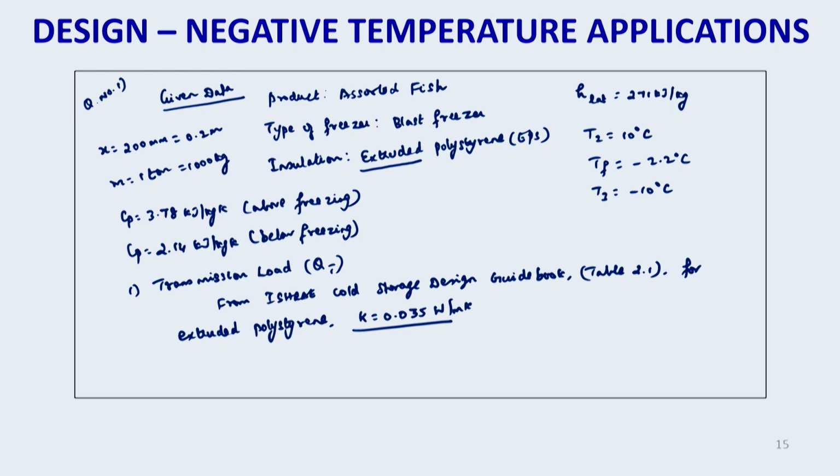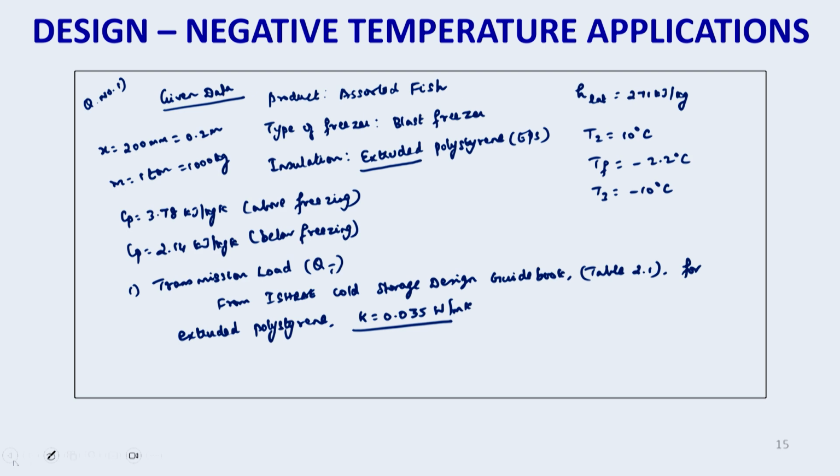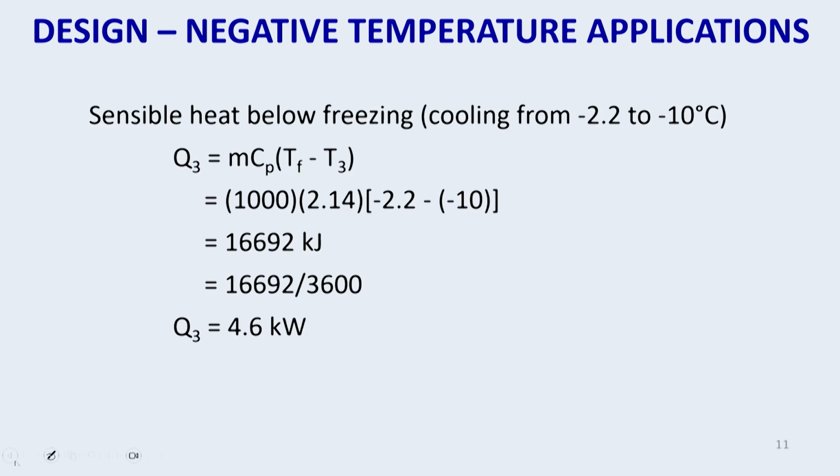Now we can calculate the transmission load. QT is equal to U into A into delta T. U is equal to K by X, and A is 2 into length into width plus width into height plus length into height, into delta T. Let us write the dimensions of the room also in the given data.